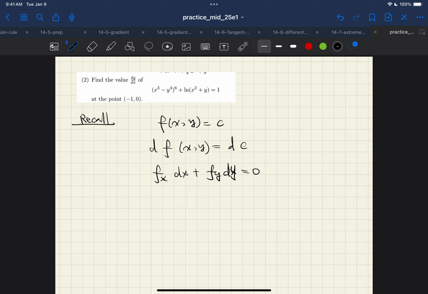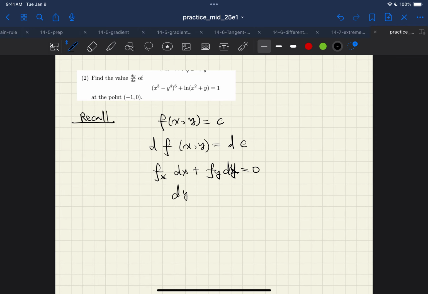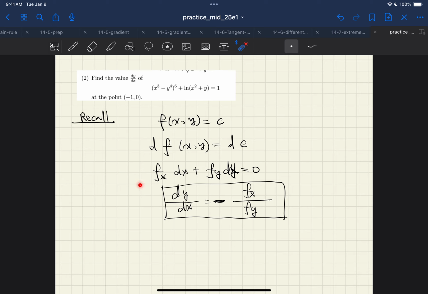Then we can solve for dy/dx as negative fx over fy. So eventually we want to use this formula. If you do not understand the derivation of these first three lines, you can just memorize this one to solve this problem.